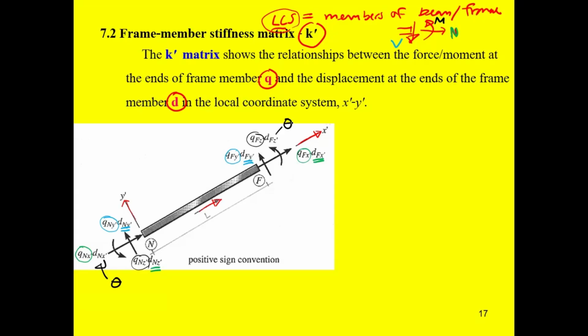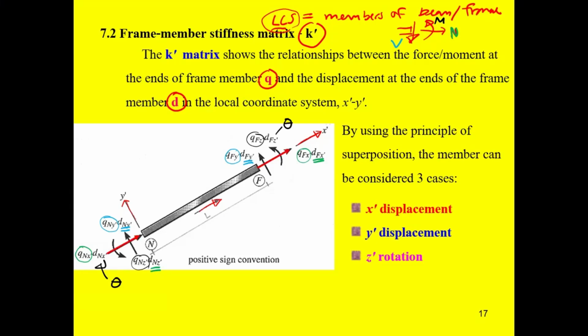Now we will consider them in three separate cases. One, due to the axial force. Second, due to the shear force. Third, due to the bending moment. And then we will get the k prime matrix for each case.